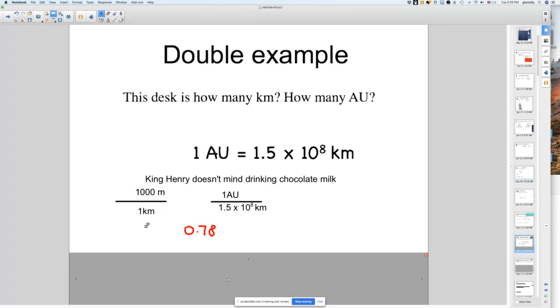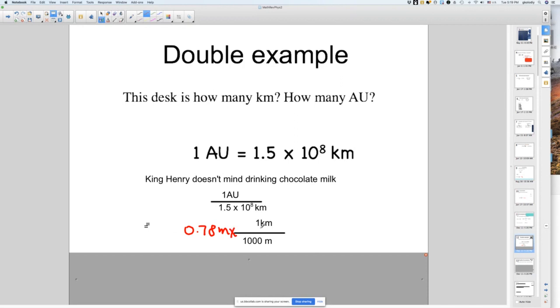Since I'm going to be using this conversion, I have to change this to kilometers. So basically, I have to multiply it by, I want to change to kilometers, so I'm going to put the kilometers on top and meters on the bottom. This is meters. So I'm going to multiply by this.